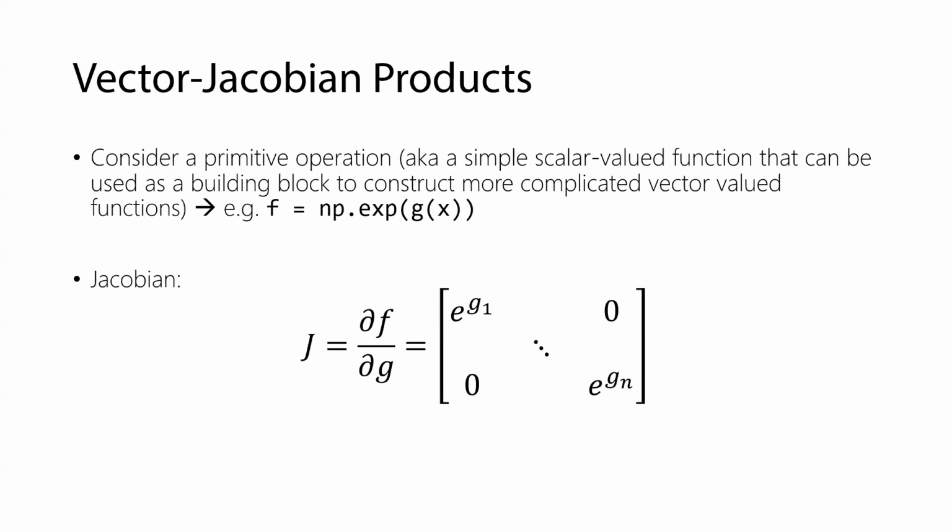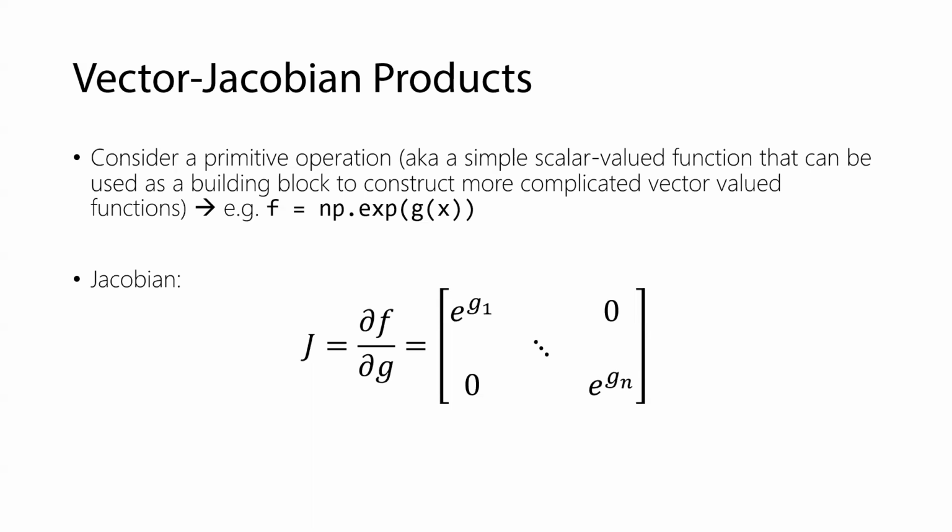We have, let's say, f, which is an exponential. So np is NumPy, but you can replace it with PyTorch. Let's say you have some function g of x, which then goes into the exponential function. And then let's say the function f is the composition of the exponential function with g of x.